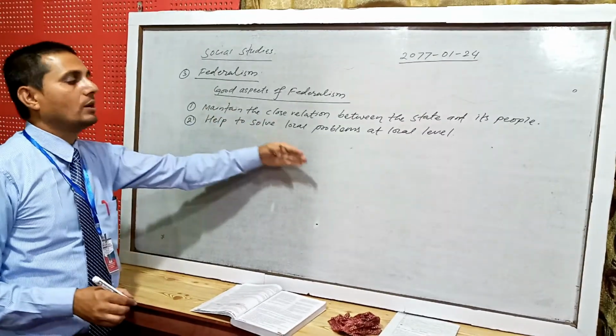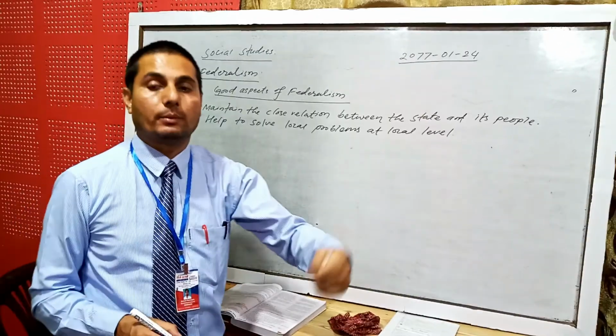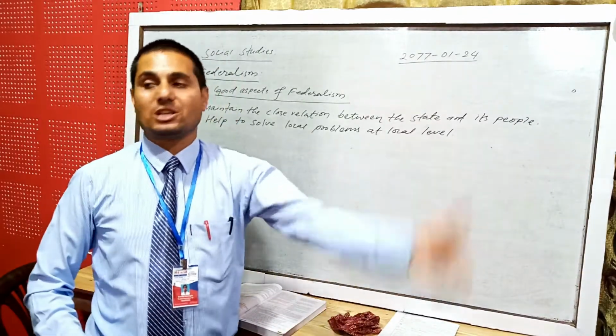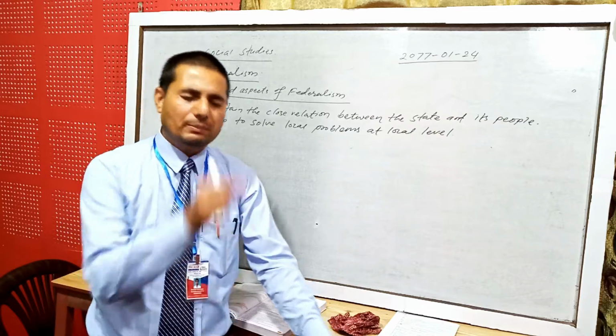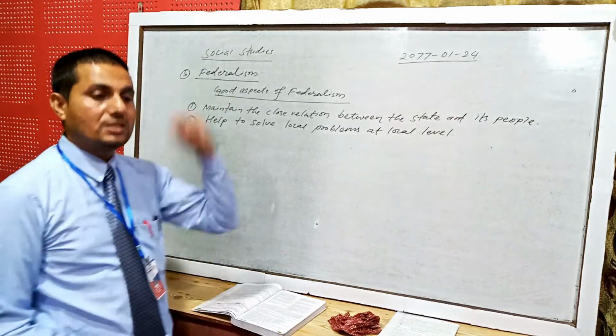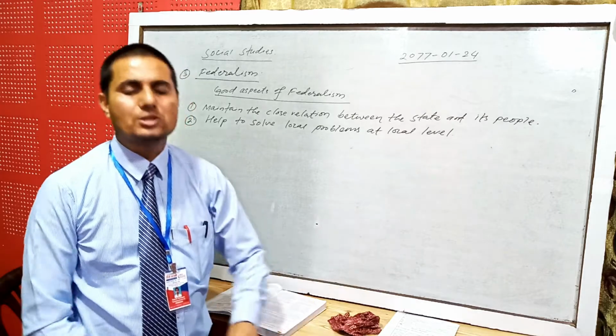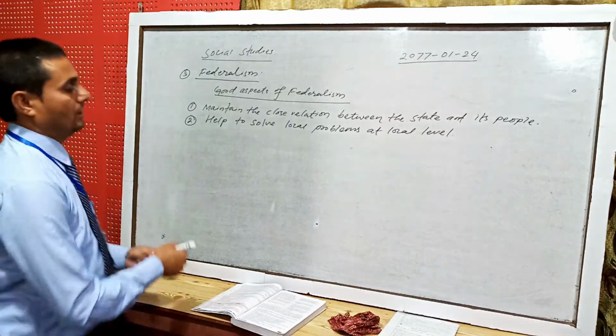Federalism helps to solve local problems at local level, because federalism is the concept of decentralization of power. If the central government is decentralized, local problems are heard and solved very easily.